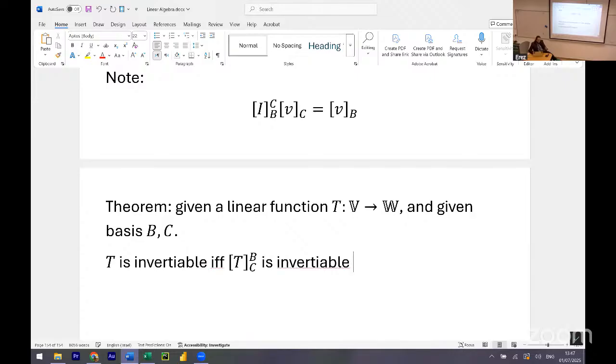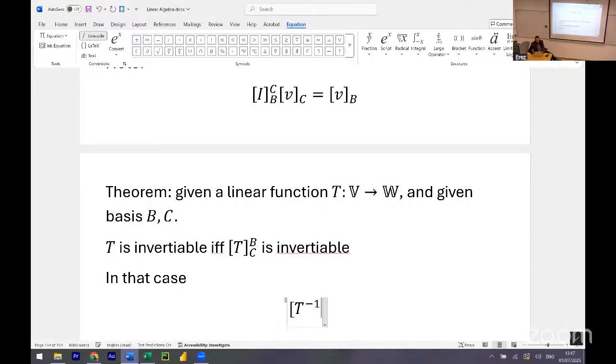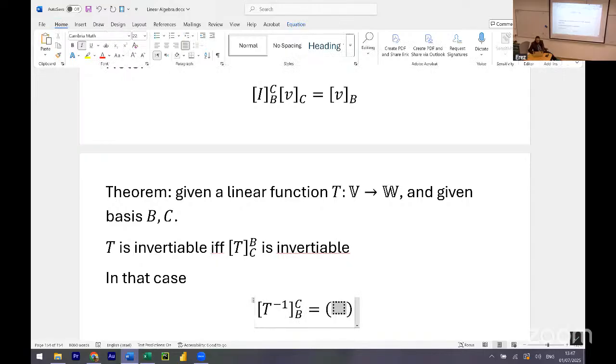And finding whether it's invertible is using Gauss elimination, like everything. And also, in that case, the matrix that represents the inverse function from C to B is the inverse of the matrix.